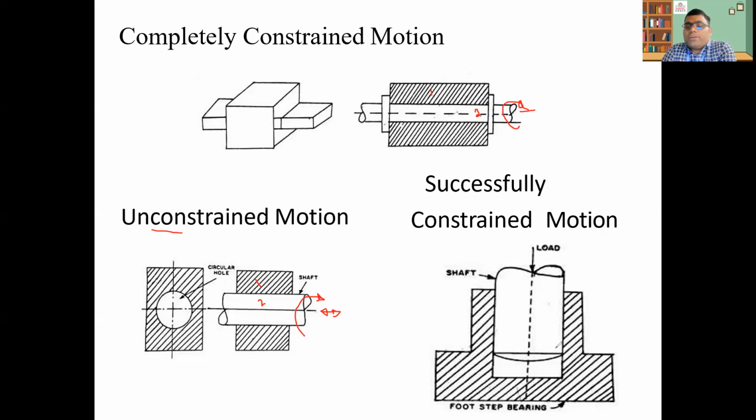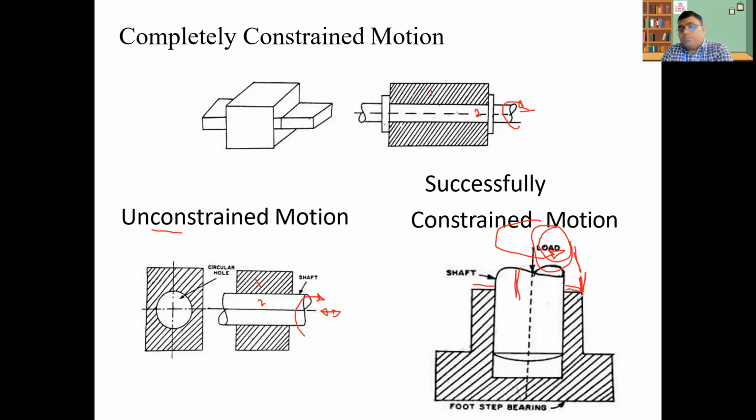It can rotate or translate about this y-axis, but due to the design or mechanical constraint, it makes only rotation. Here a heavy load is provided, so due to this load it does not translate along the y-axis. It possesses only rotation, though there is no collar here.